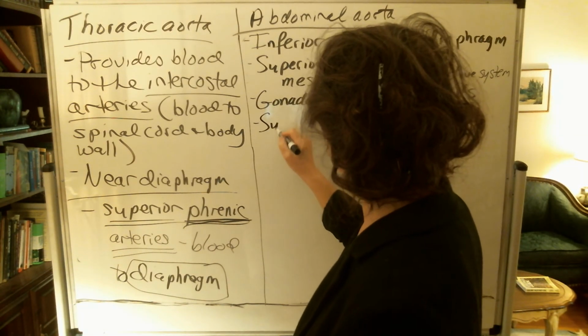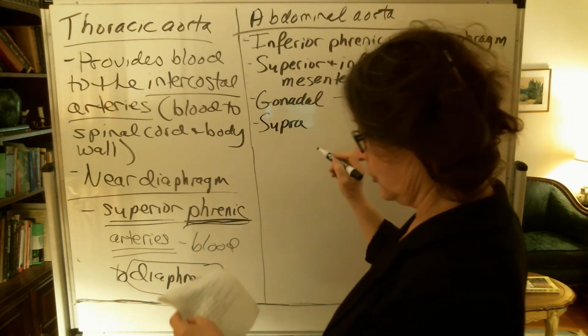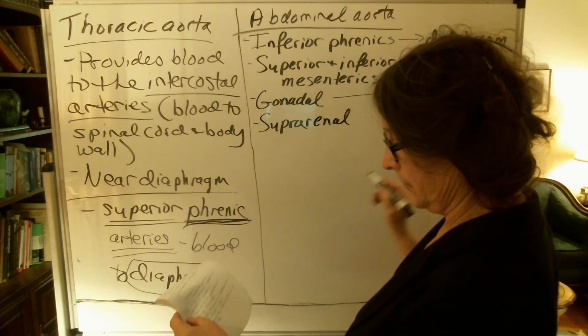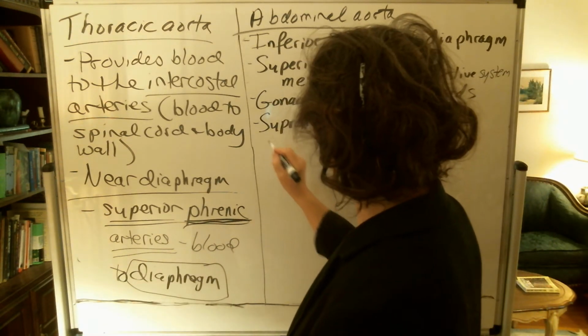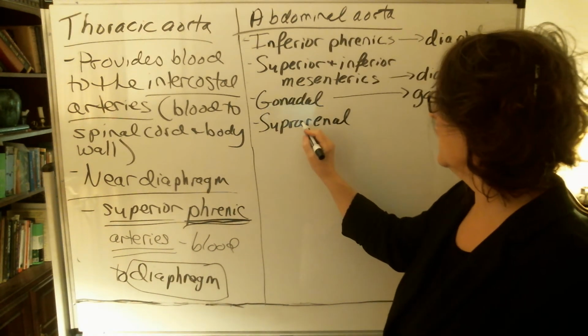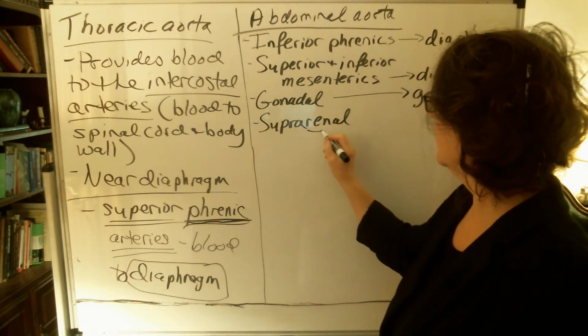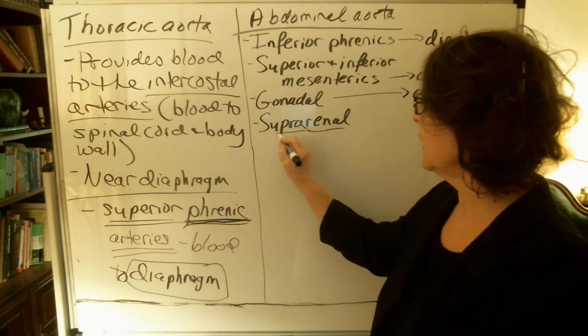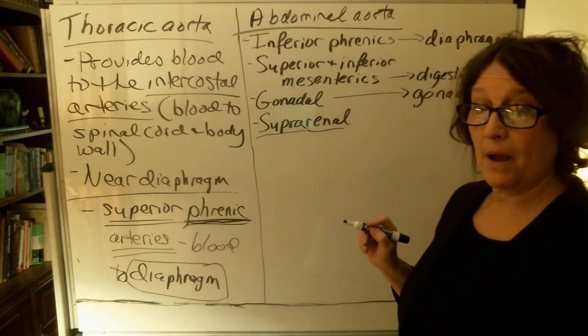Then we have the suprarenal arteries. Now this is one where you need to look at the word carefully. Renal has to do with kidneys, always, but supra basically means above.